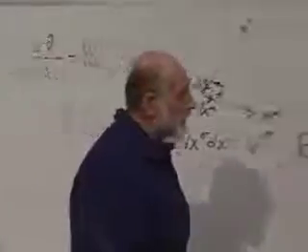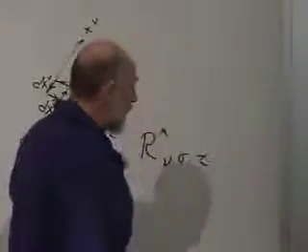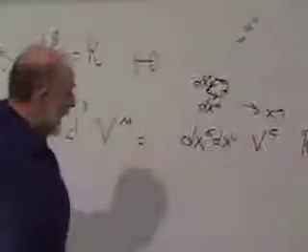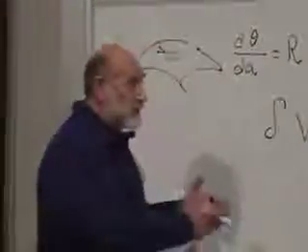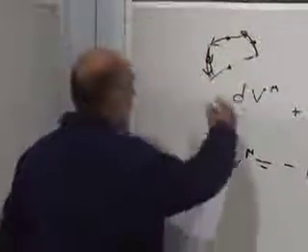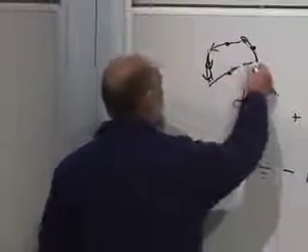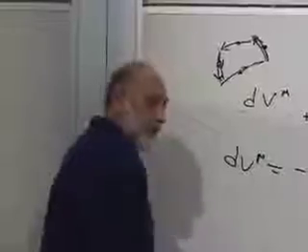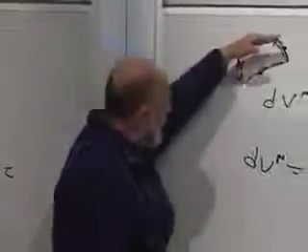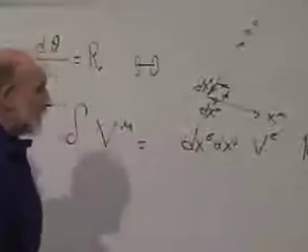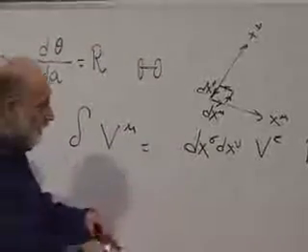Here's the formula. I haven't told you what R is yet. But you can see that in order to get something, you have to have a shift along one axis and a shift along the other axis. So it has to have a dx times another dx. That's clear. You have to enclose a little area.